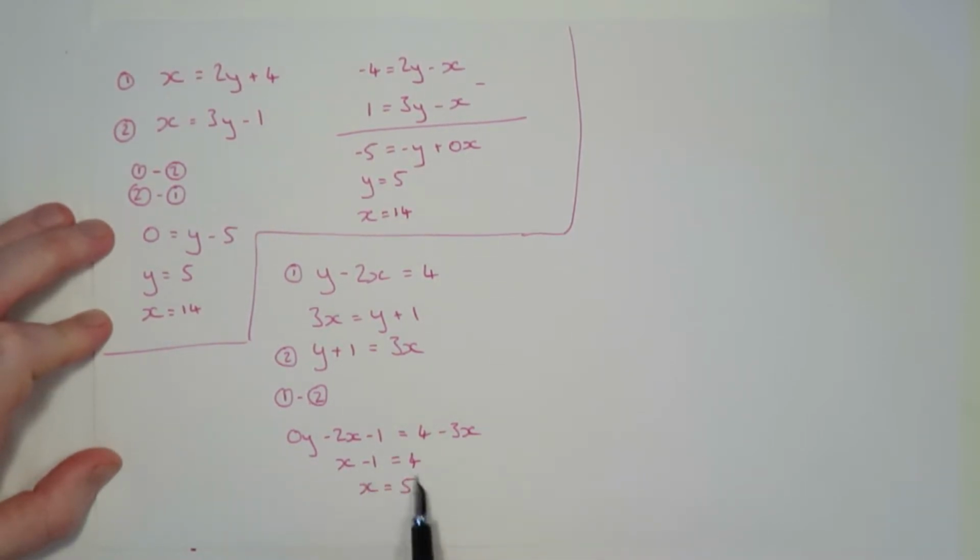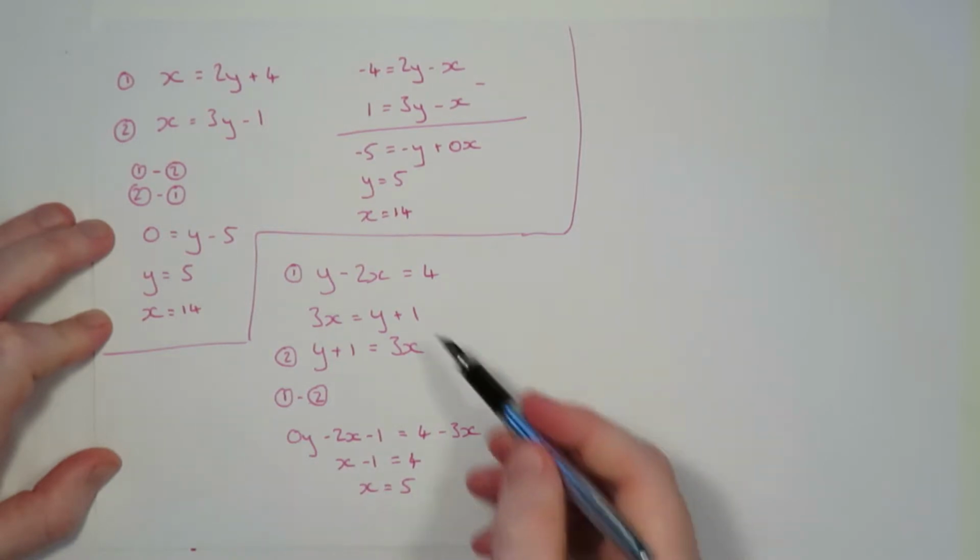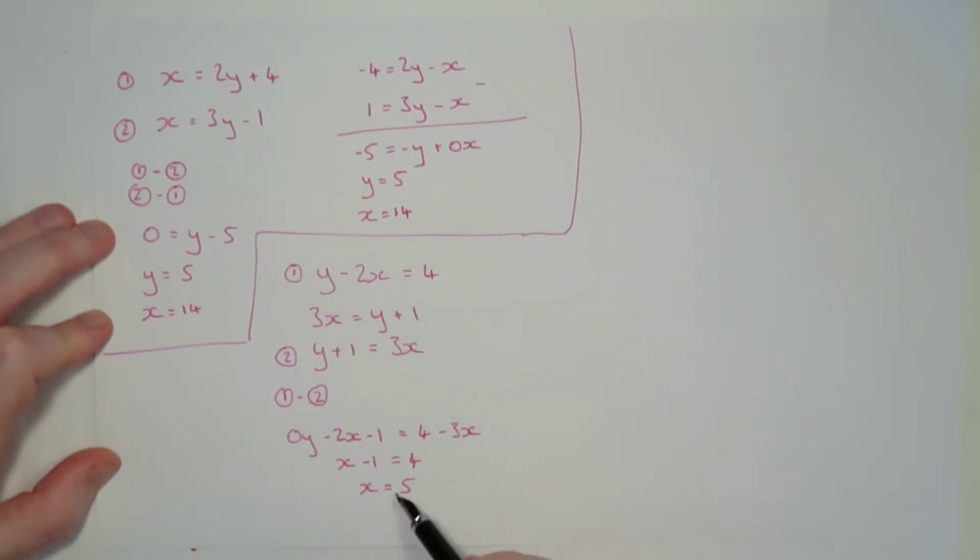And then you can substitute this value into one of our equations here and you can work out the value of y. Well, how do you go about doing that? Well, you say y minus 2 lots of our value of x, which is 5, equals 4. So that means that y is equal to 4 plus 10, which is 14.